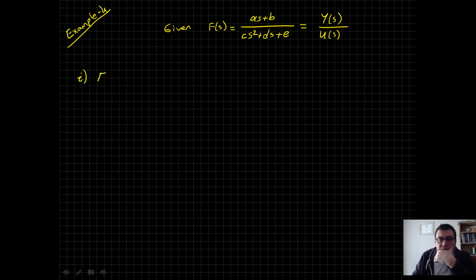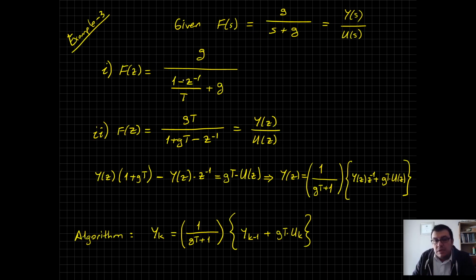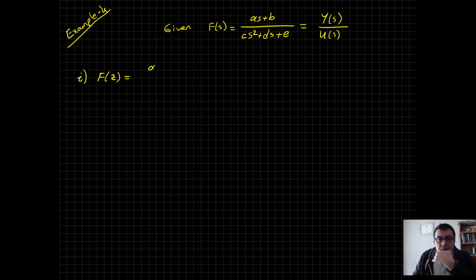Now, what we have here is, in the first step, we should apply a proper z transform. So f of z should be equal to, if you remember, instead of s, we were writing this 1 minus z^-1 over t. So that's a times 1 minus z^-1 over t plus b over, here we have c times 1 minus z^-1 over t squared, right?